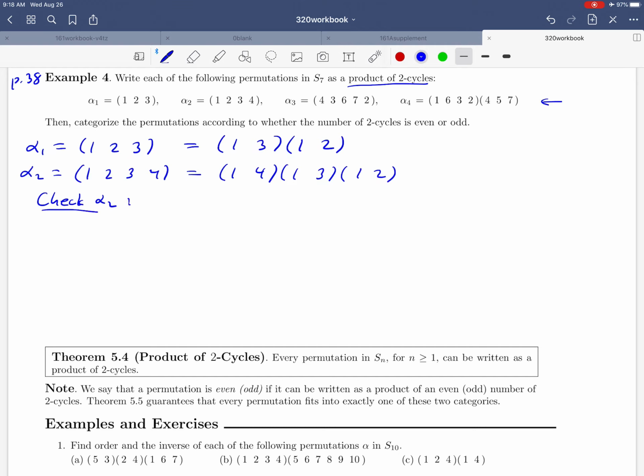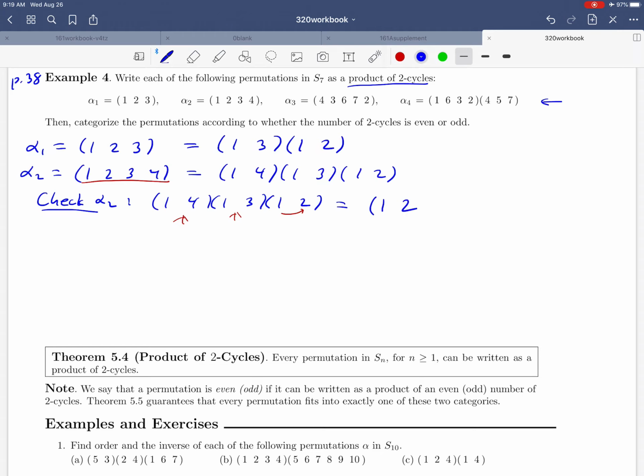To check alpha 2, we can start with the decomposition that we got on the right-hand side, (1 4)(1 3)(1 2), and actually do that calculation and confirm that it gets us back to alpha 2. We'll start with the number 1. 1 goes to 2 in the rightmost cycle, and then notice that there are no 2's in the first 2 cycles, so 1 goes to 2, and that's where we end up.